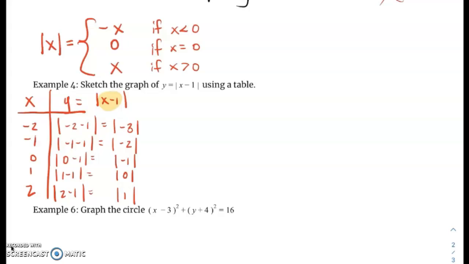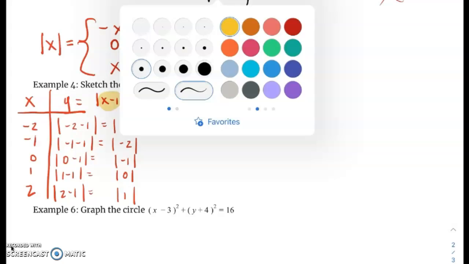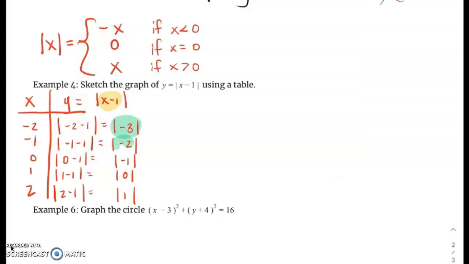Now let's evaluate the absolute value. When you look at the negatives, those fall into this category where the x's are negative inside, and so we just add a negative in front to get rid of the negatives. So in other words, negatives become positive. Oh, there's 3 of those, so that one also.